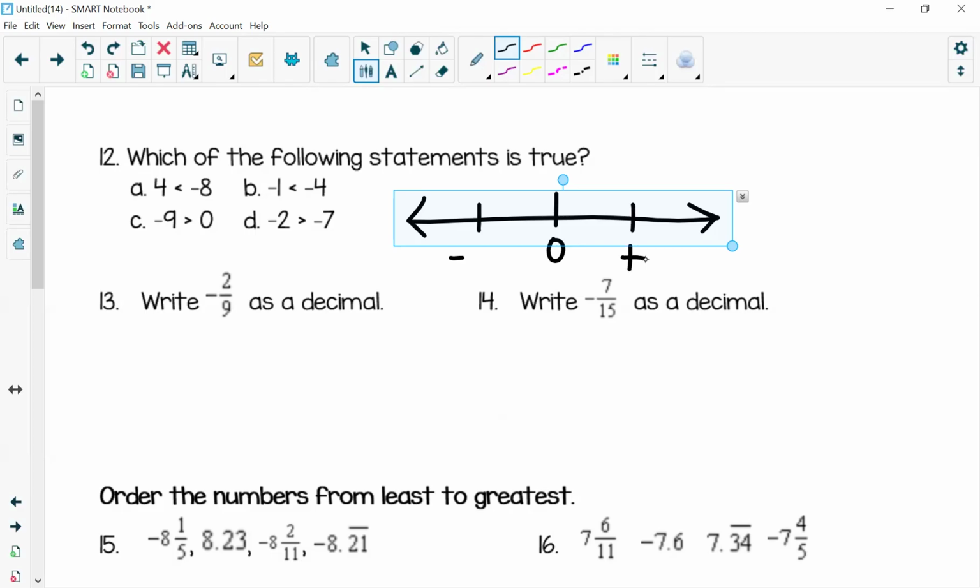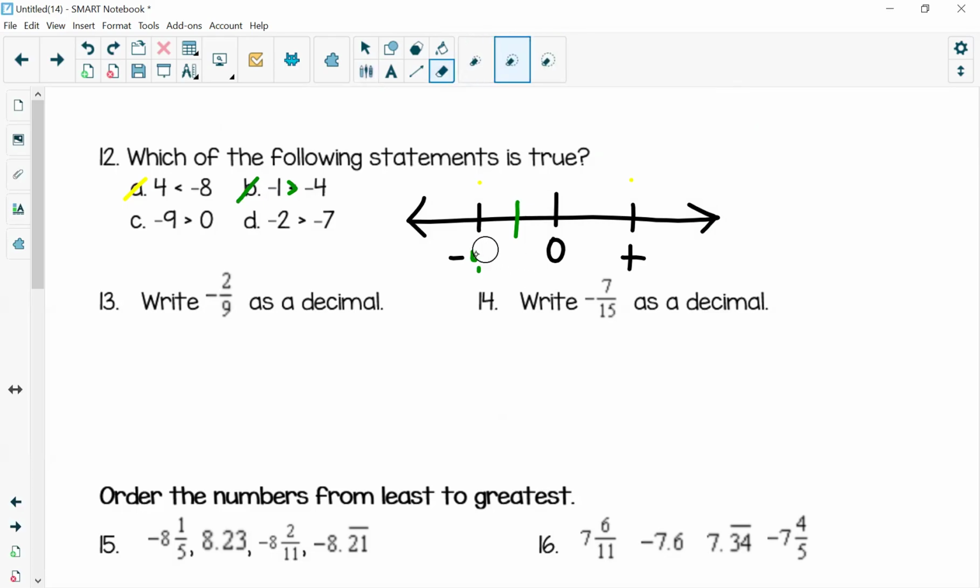So positive 4 would be over here, is less than negative 8, which is here. Well, no, that's not a good one. So B, negative 1 is less than negative 4. Well, negative 1 would probably be right here. Negative 4 would be right here. So negative 1 is actually greater. So, yep, that's out.